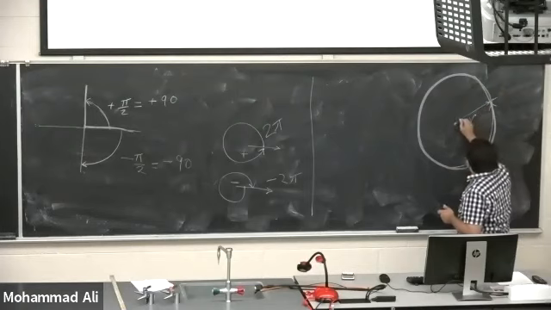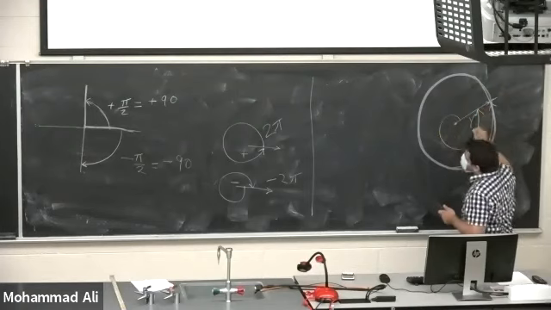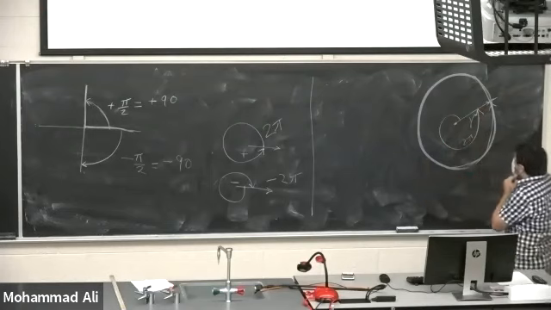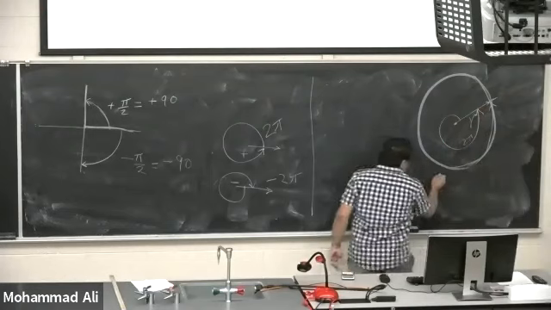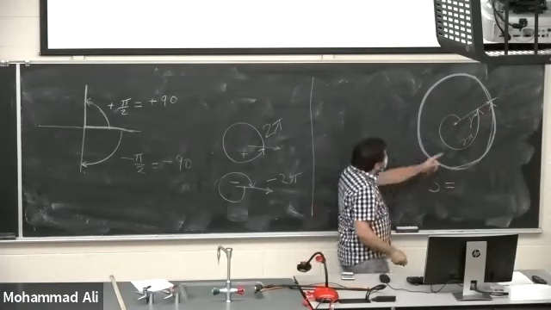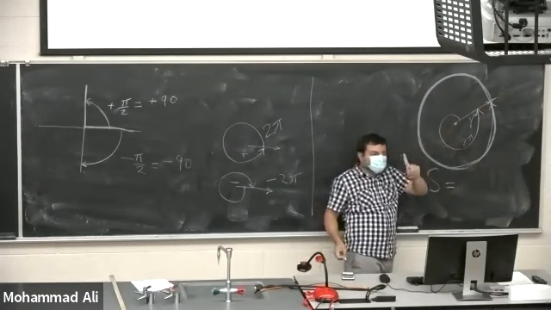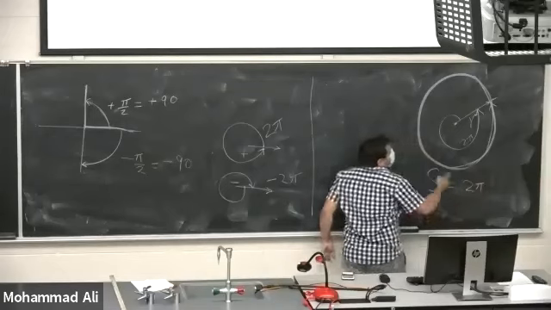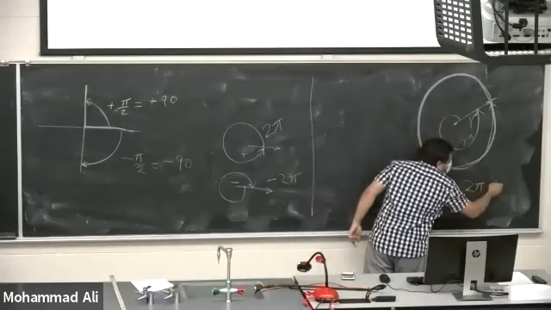How much is the angle in this direction? It's 2 pi. So the circumference S is simply equal to the angle in radians, which is 2 pi, multiplied by the radius, which is R.